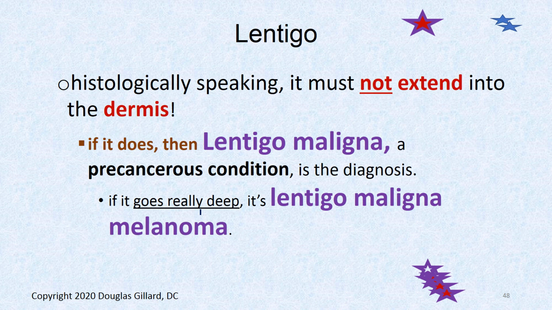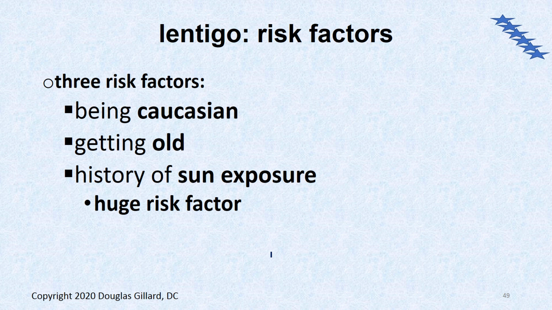All right, the lentigo lesion, and most of the time people will live with this their whole lives and no big deal. It does not extend into the dermis. If it does crack into the dermis, it's lentigo maligna. If the histologist sees cells going all the way down into the bottom of the dermis or even the subcutaneous tissue, then you've got yourself flat out cancer, a melanoma, dangerous lentigo malignant melanoma.